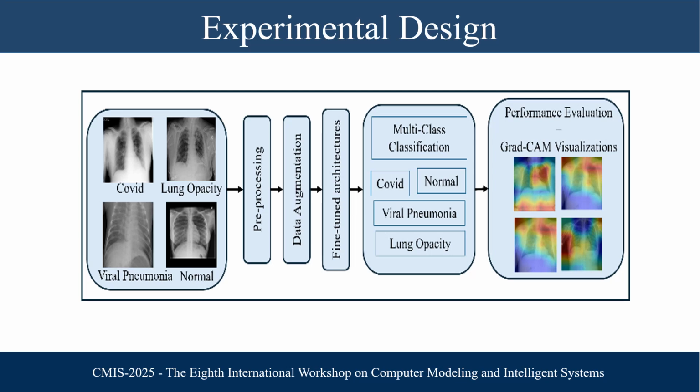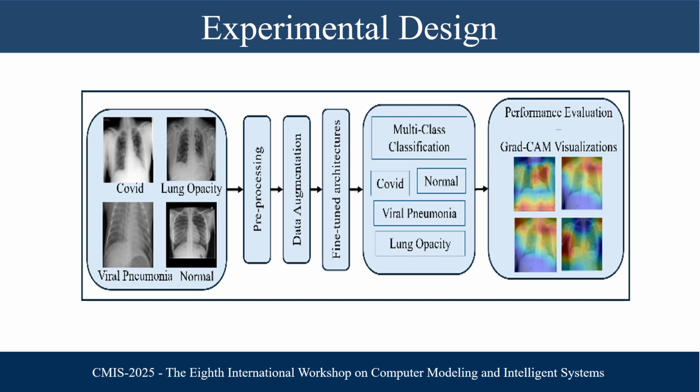Basically, this is the experimental design which I have followed during my research. First of all, I have collected this dataset which consists of 4 classes: COVID-19, lung opacity, viral pneumonia, and normal category. Then I have applied some pre-processing techniques to make my dataset appropriate for training the models.